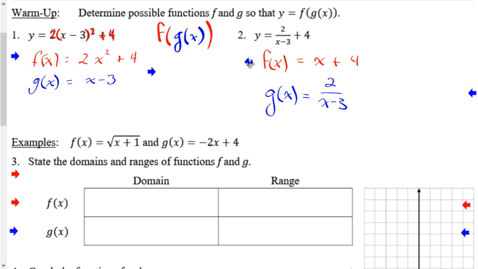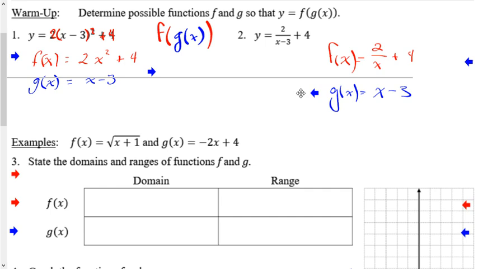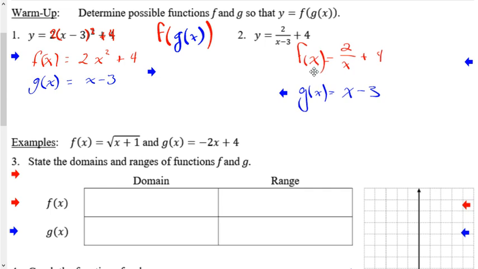That's one possibility. Another possibility would be, suppose I said f of x is 2 over x, and then I did the plus 4, and now I'm saying that the x could be replaced with this x minus 3, and that would be the inside function, the g of x function.